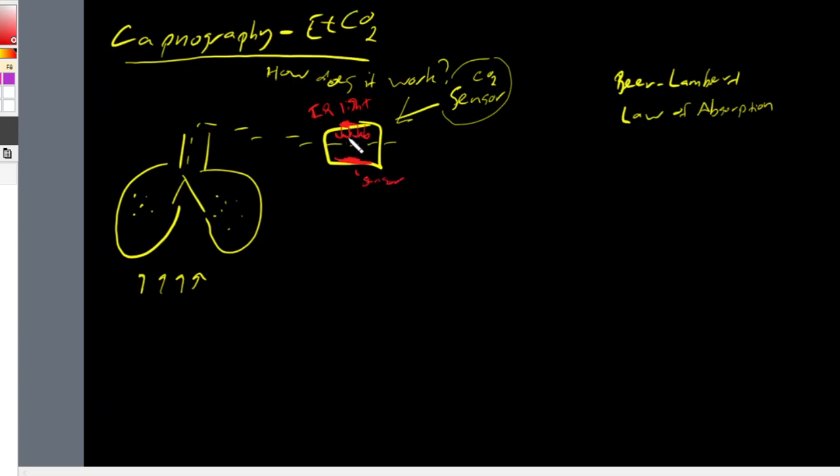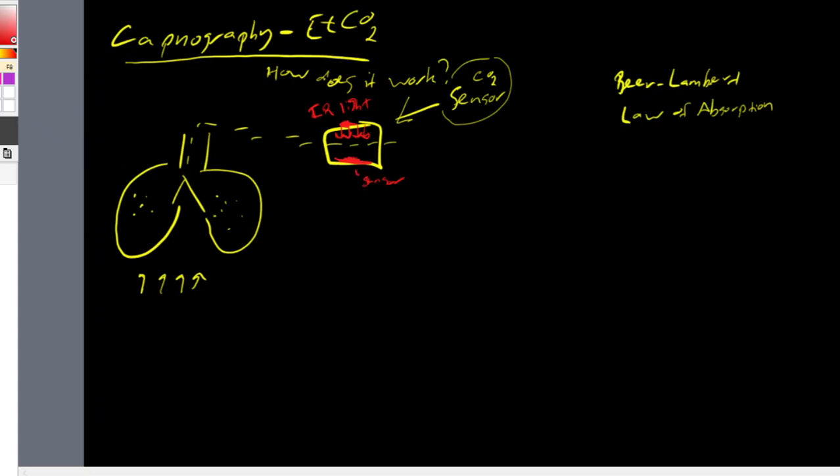So you have an emission point and a sensing point. As our patient exhales carbon dioxide, that concentration goes into this device. Infrared light shoots from one end to the other and passes through this gas. Now, carbon dioxide absorbs infrared light.